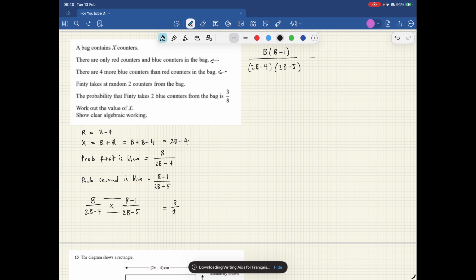That whole thing there equals 3/8 still. Let's go ahead and simplify the top and the bottom so that we've expanded out the brackets. In fact, maybe there's no need to do that at this stage. We can do it now, or we can do it later. Let's say we do it later.